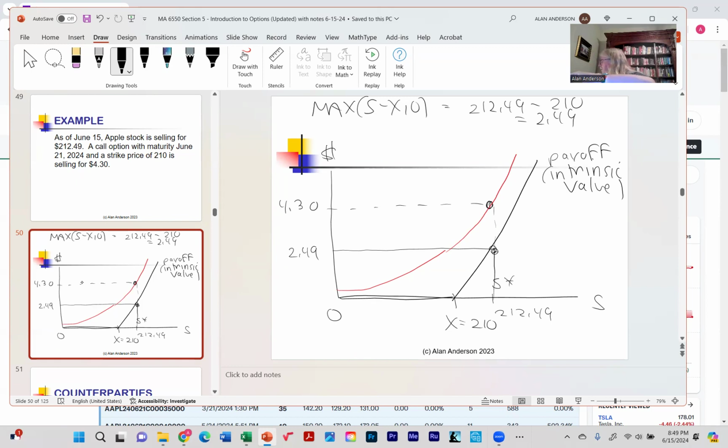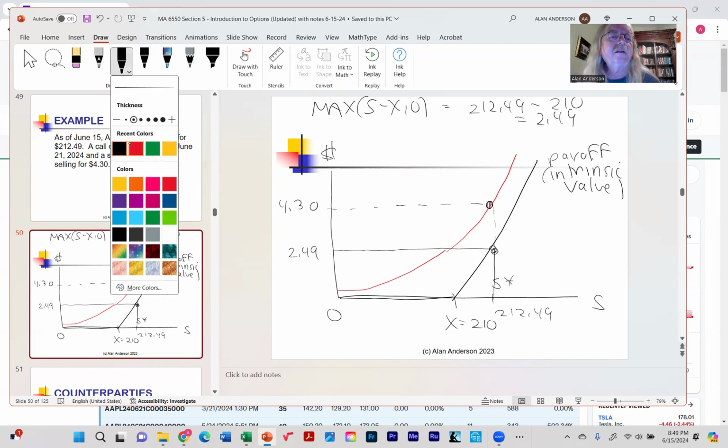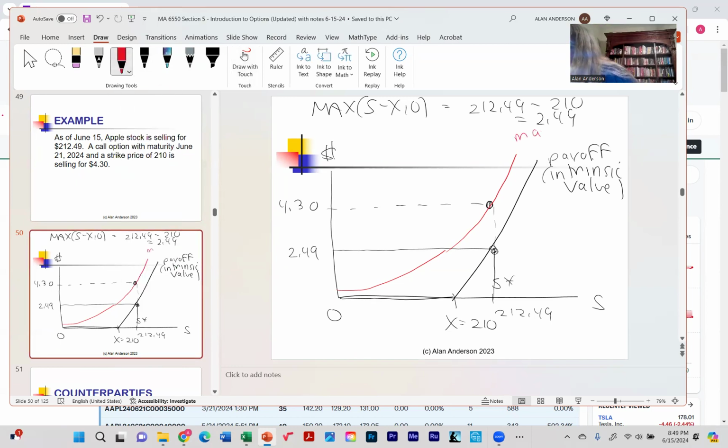What's going on here? Well, this red line represents the market price of this option, which if you notice is actually greater than the payoff profile. What is this all about?